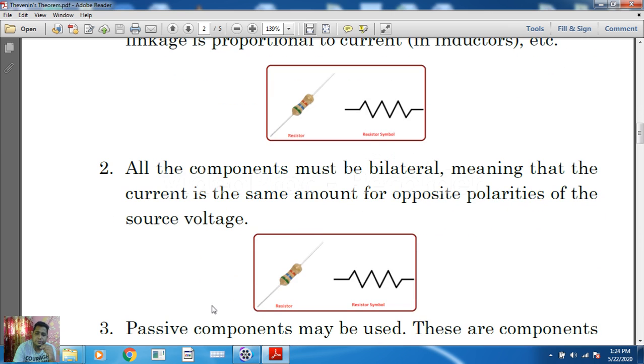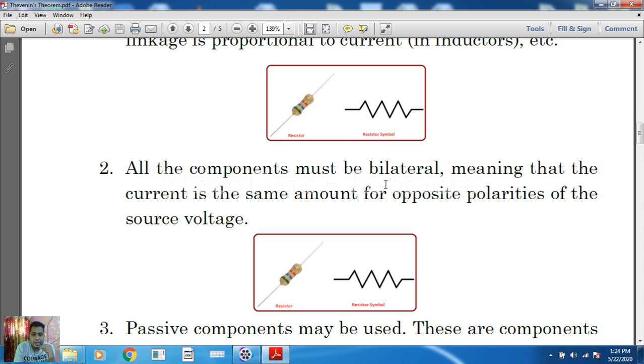Number two, all components must be bilateral. Bi means both. On the right hand side we have the symbol of the resistor. Assume on the left hand side we connect a source, so current will flow from left side to right side. Now assume on the right hand side we connect the source, so the current will flow from right hand side to left hand side.